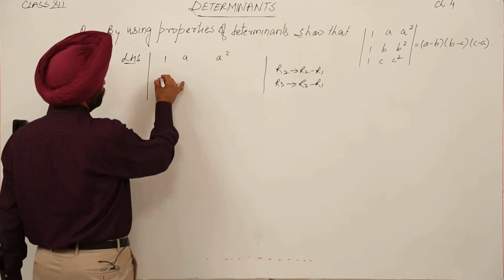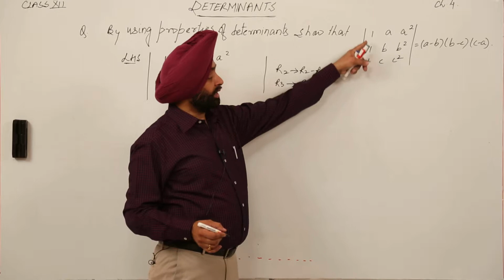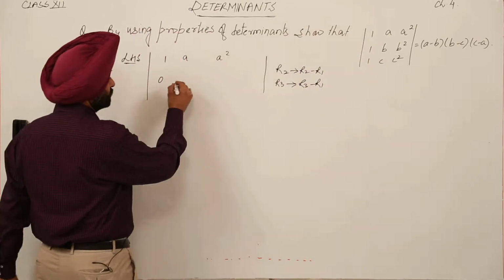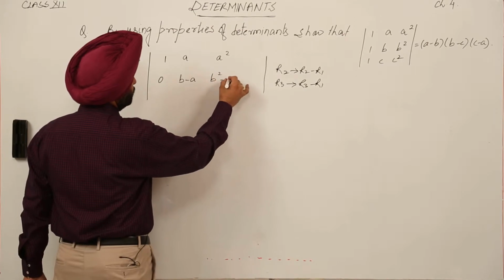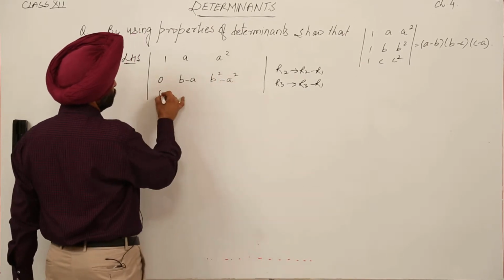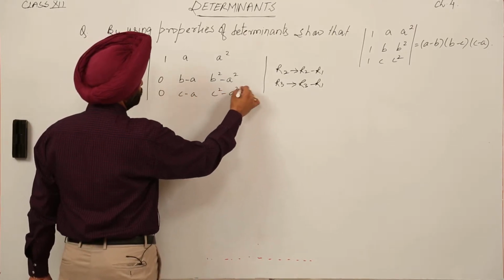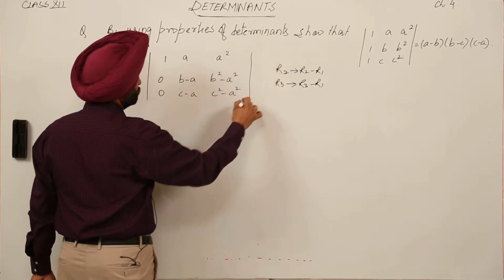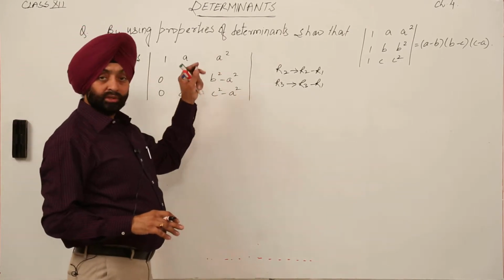For row 2, R2 minus R1: 1 minus 1 is 0, then b minus a, then b square minus a square. Similarly 0, c minus a, c square minus a square. So this property I have used twice, two operations in a single step.